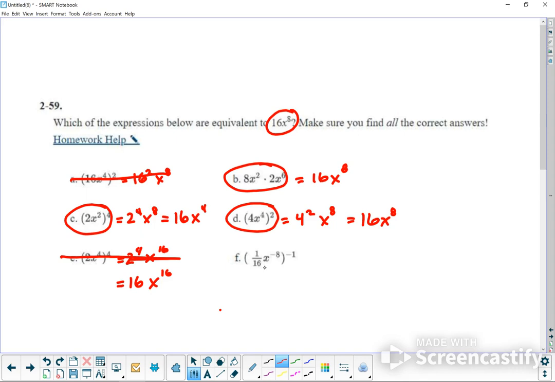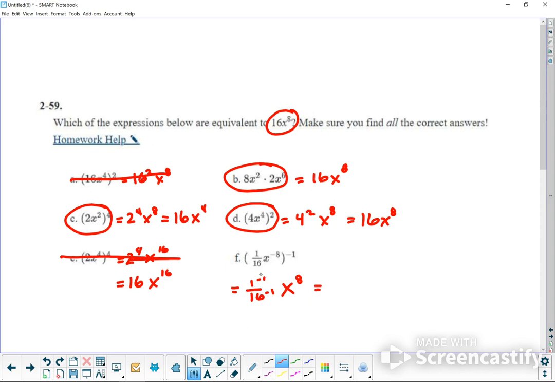And the last one, you got 1/16 to the -1. Remember when we said you have a negative exponent, you got to move it to the other side. So this really comes out to be 1/16, and they each get -1. The x, -8 times -1 is +8.